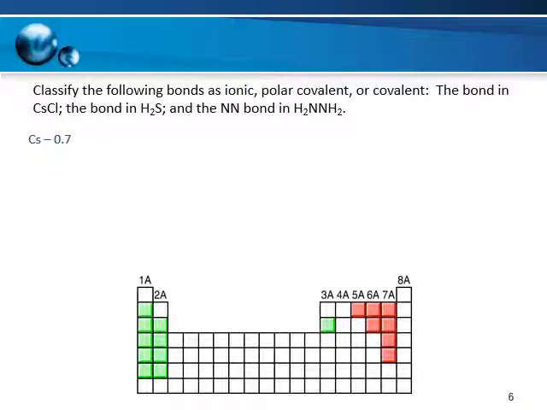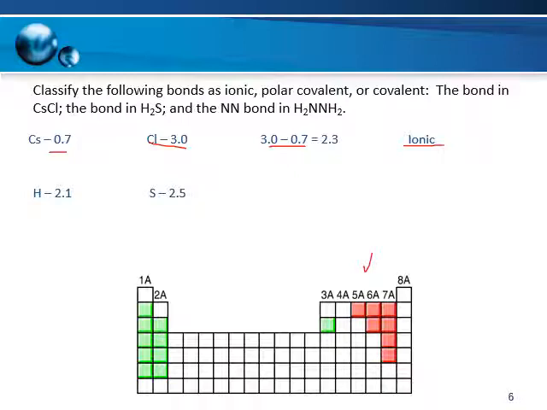Cesium is 0.7, Cl is 3, so Cl is much more electronegative compared to this one. So what kind of bond is this? Of course, ionic. So we can compare between Cs and Cl and find the difference in their electronegativity, which will give more than 2, so ionic. Now we have hydrogen and S. S is 2.5, so S will be more electronegative.